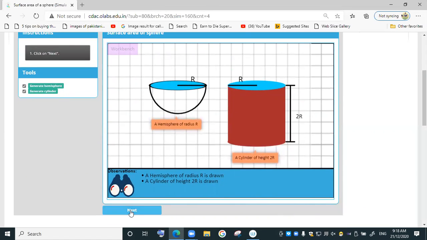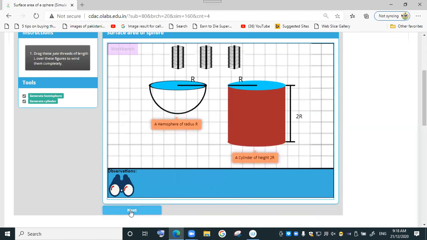Click on next. Now drag these jute threads of length L over these figures to wind them completely. This one we will wind.